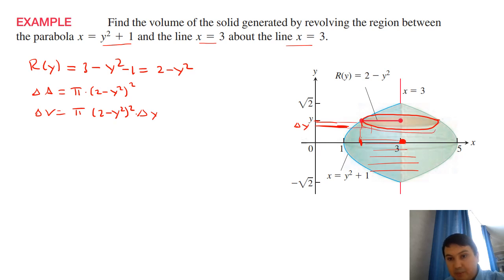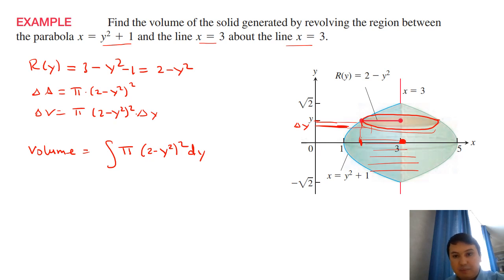Very nice. Well, what next? Then the volume is going to be the integral of this expression, pi times (2 minus y squared) squared, dy. What are my limits?